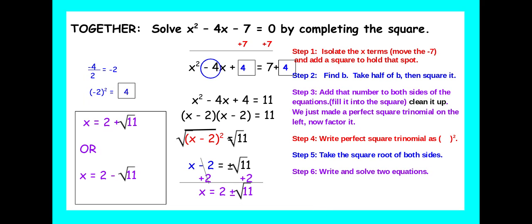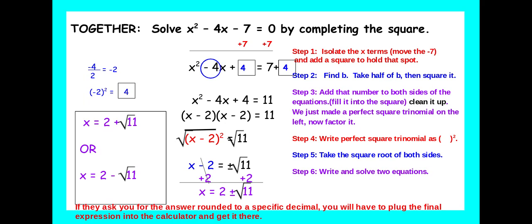So what you're going to do now, sometimes they're going to ask you to have your answer rounded to a specific decimal. So that's where you might have to put it into your calculator to get that expression. I just want to show you both ways. So if you put 2 plus radical 11, you can keep it in radical form, or you could put it as a decimal.